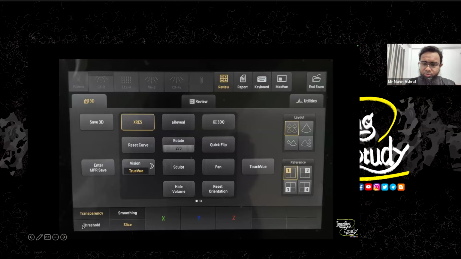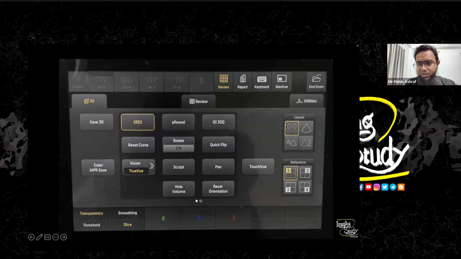So there is a threshold option to increase the density or decrease. So just like mobile editing, you need nothing to know about the mobile editing, you just change it. So similarly here, you don't need to understand what should be the threshold level for 39 weeks gestation. There is no need to know that. So you just change it like freestyle and you'll get a good picture.